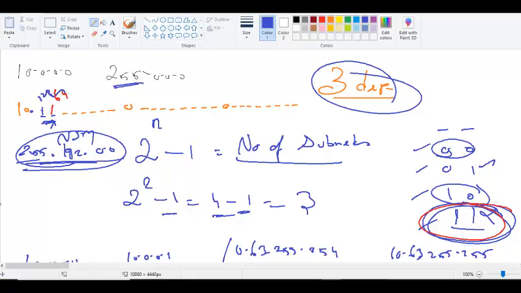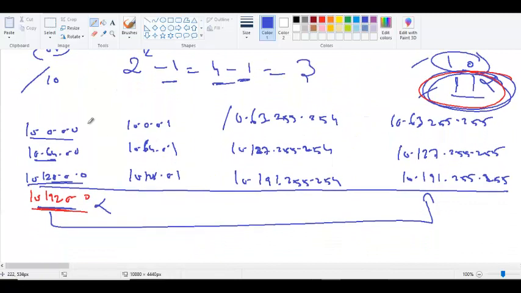So either you can write the subnet mask like 255.192.0.0 or you can write /10. Both are the same. Writing /10 is equal to writing 255.192.0.0.